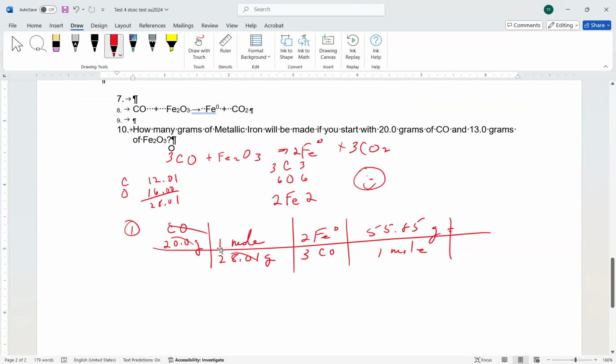Okay, this will tell us how much iron we made. Okay, so using carbon monoxide as the first given, that's how much iron we've made. Now we're going to do rust.